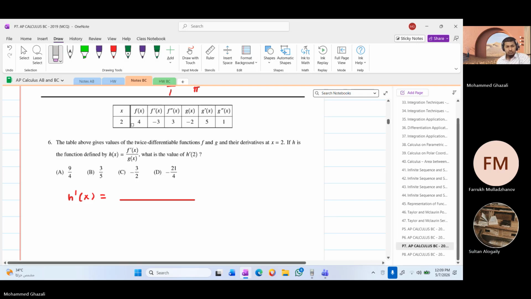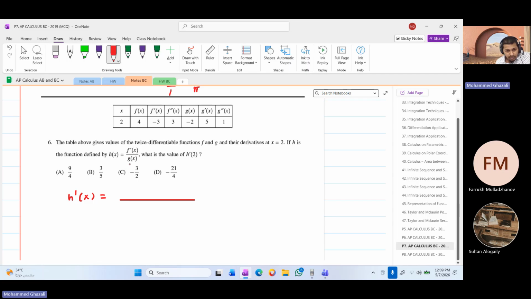Quotient rule. Differentiate the top, f double prime, leave the bottom, g, minus, differentiate the bottom, g prime, times f prime, over g squared, all evaluated at x equal to 2.